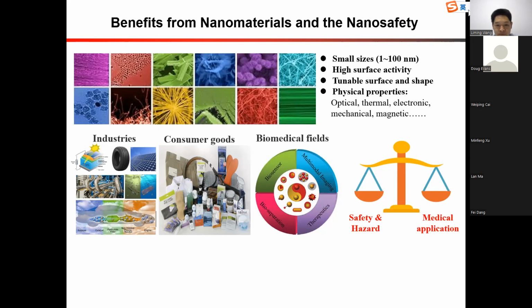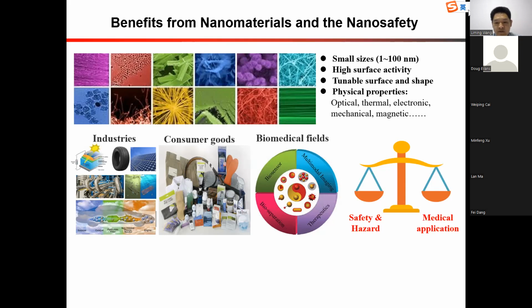Nanomaterials have small size, high surface activity, tunable surface and shape, and very good physical properties. These properties may endow them with very excellent performance in applications.